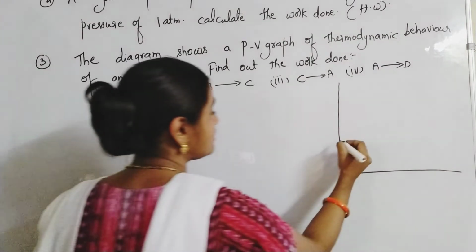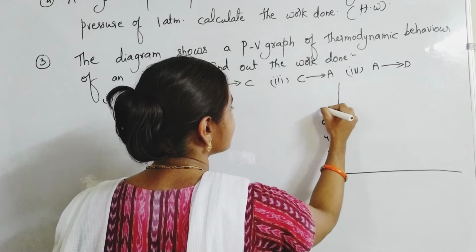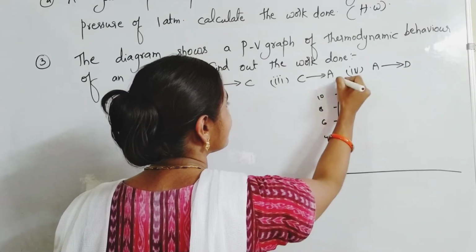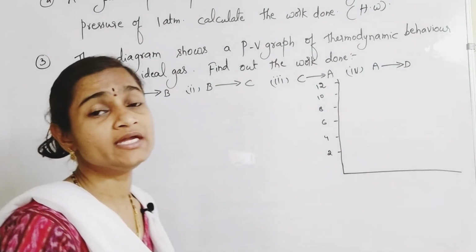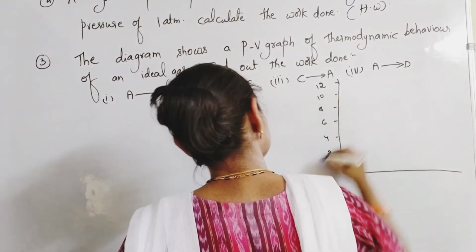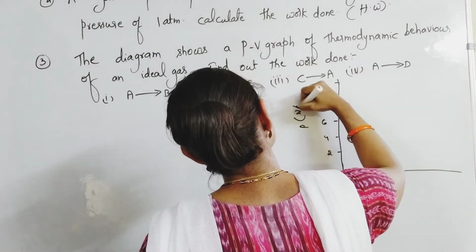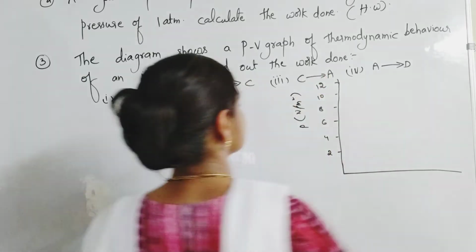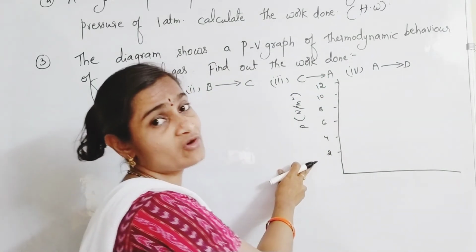Here 2, 4, 6, 8, 10, 12, up to 12. It is given in Newton per meter square, so pressure is given in Newton per meter square, which means you have to multiply this with 10 to the power of 5.